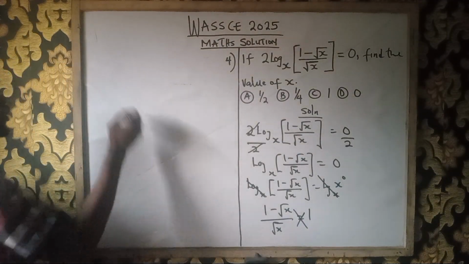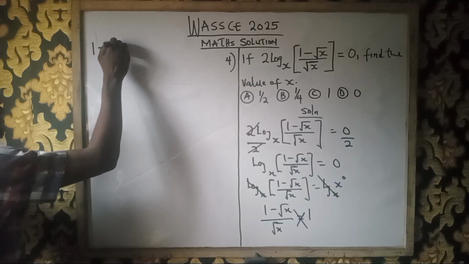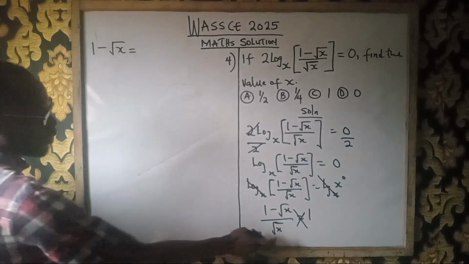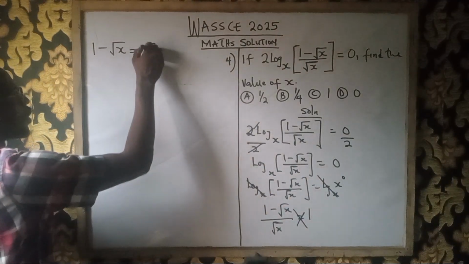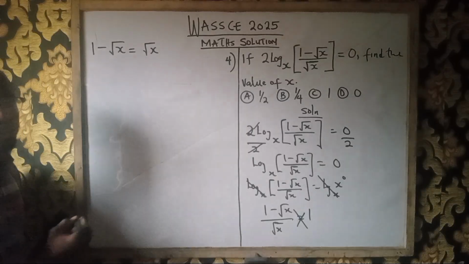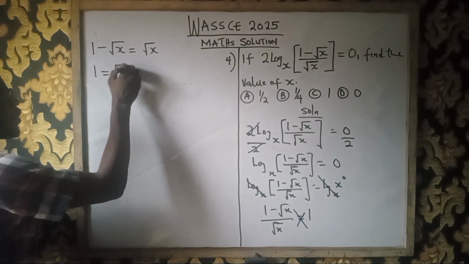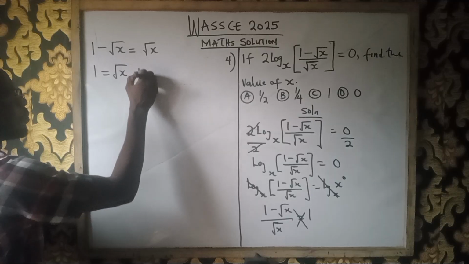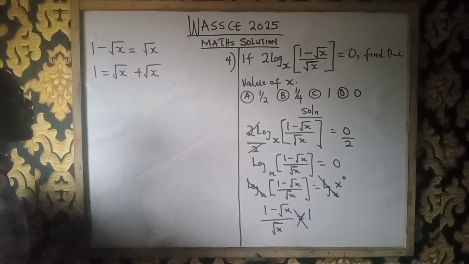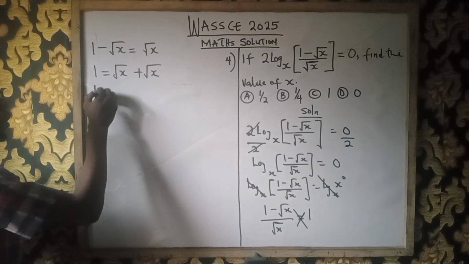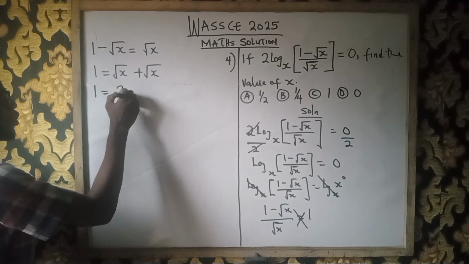When you cross multiply, you are going to have 1 minus root x equals root x times 1 will give us root x. So you can collect like terms. That will be 1 equals root x. Then this is coming, that's plus root x. Right? That will give us 1 equals root x plus root x is what? 2 root x.